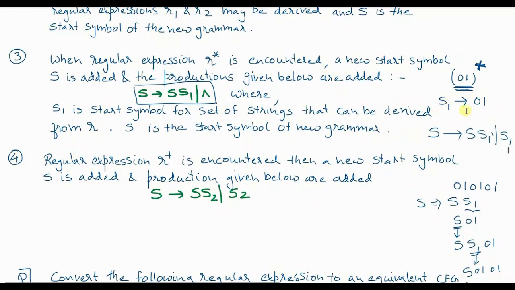S1 is going to give you exactly one time 0 1, right? So S can replace itself with at least S1, that is 0 1. So you will never get a string lesser than 0 1. I mean, you will never get a string called as null. At least 0 1, or that 0 1 will be repeated n number of times because of this S.